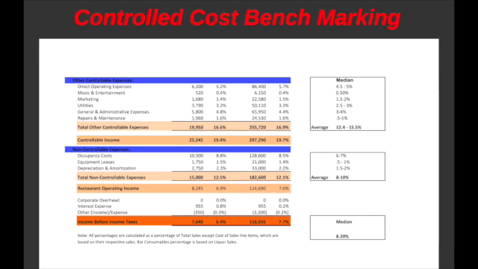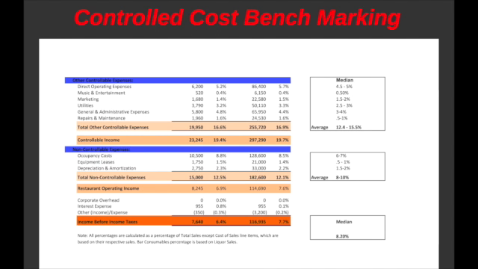Let's move on to our controlled cost benchmarking. So you can see direct operating expense. In the particular illustration I have up here, I've got 5.2 for this particular period, 5.7 for the year to date. The median, 4.5 to 5%.